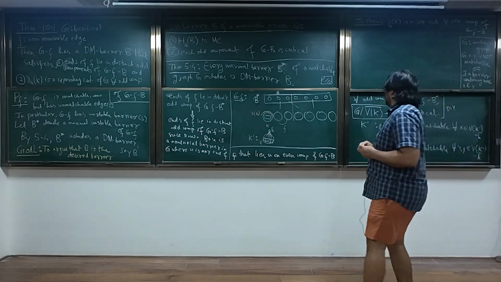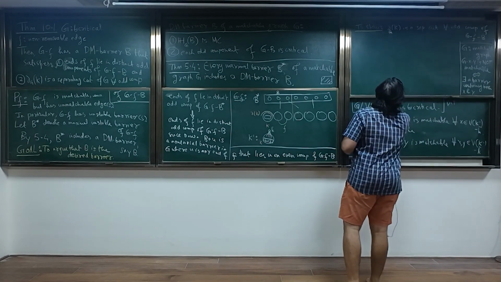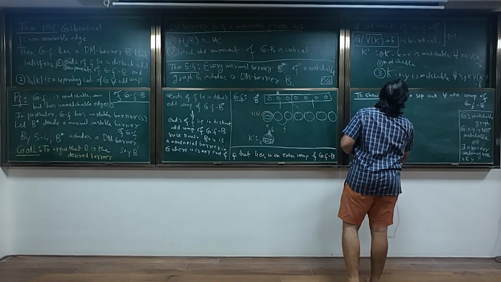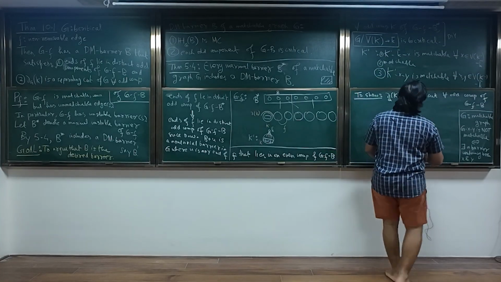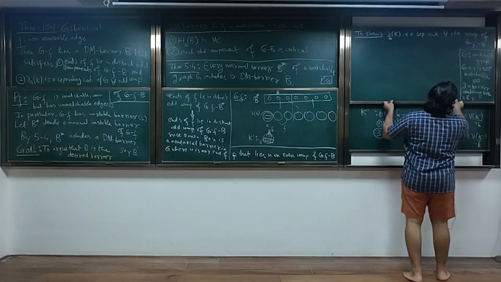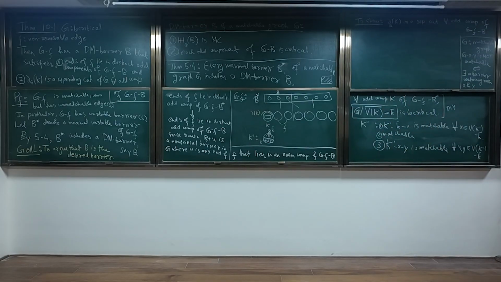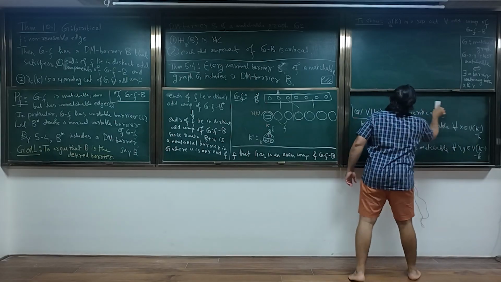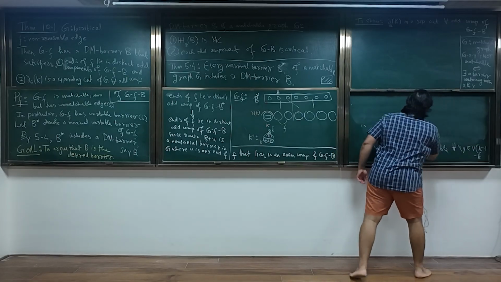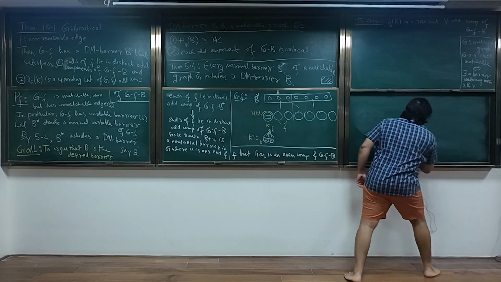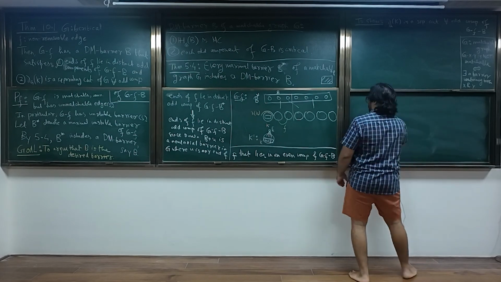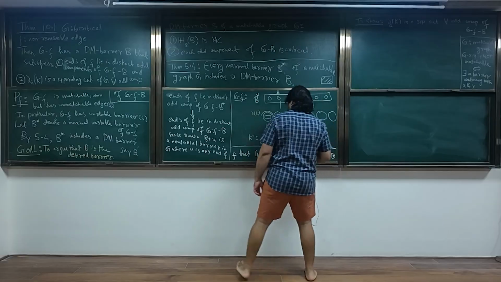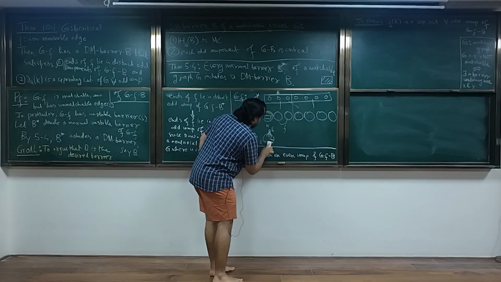Okay, so now we need to show that part. So maybe I'll just erase this, I need some space. So this graph is matchable, that's fine. Let me erase this.